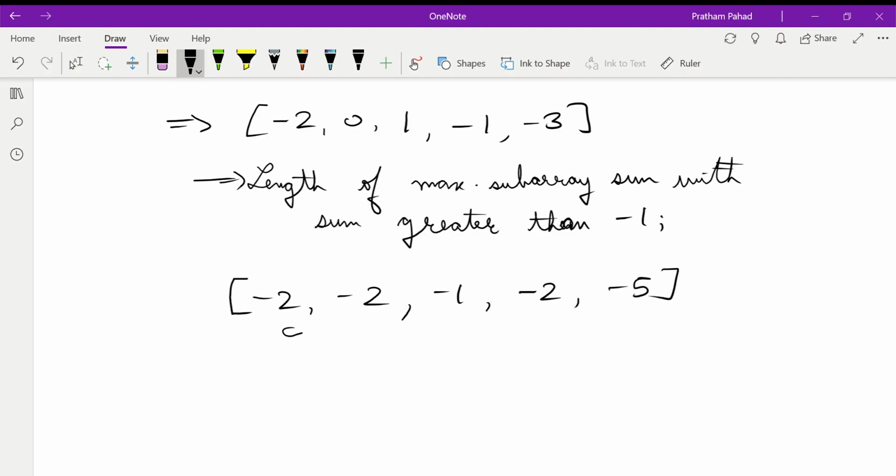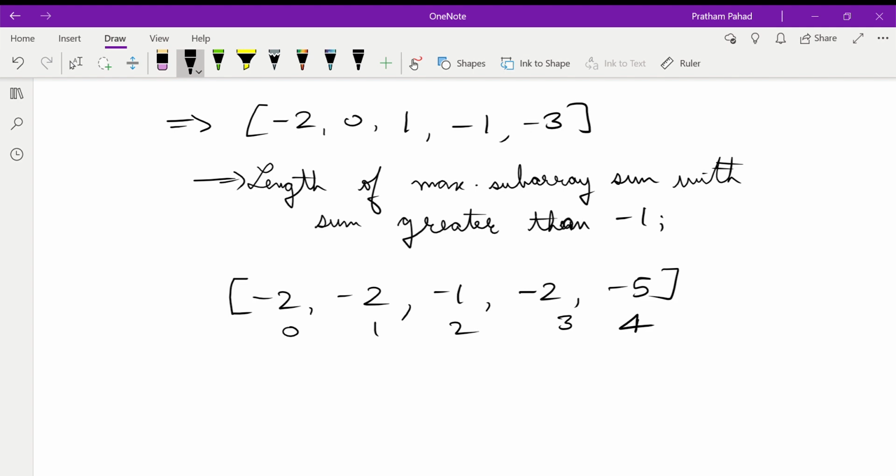This is the prefix sum of our array. Now we want to find the length of the maximum subarray with sum greater than minus 1. So how can I find that? Yes, for each index we will find this only. What if I sort this array?